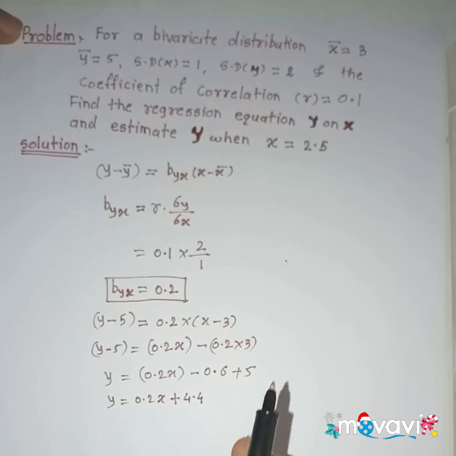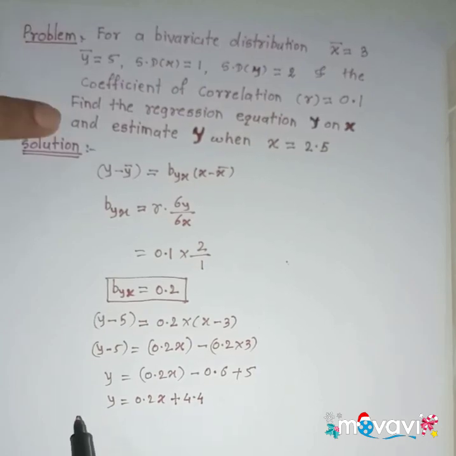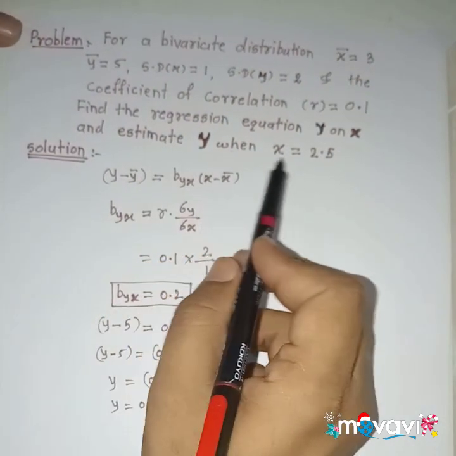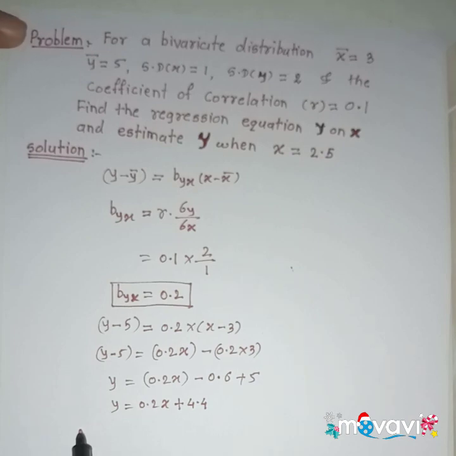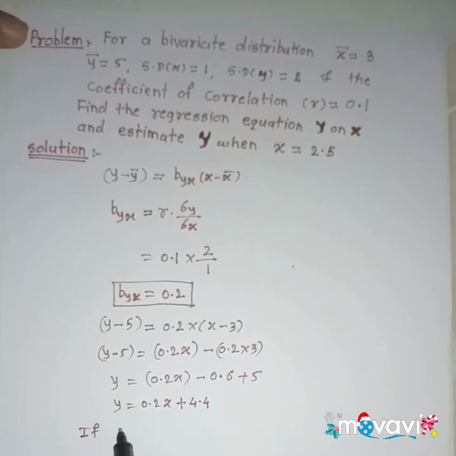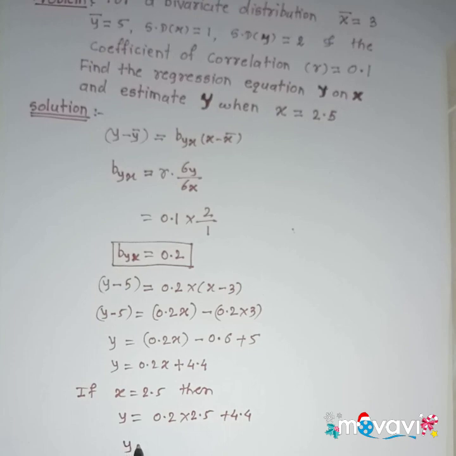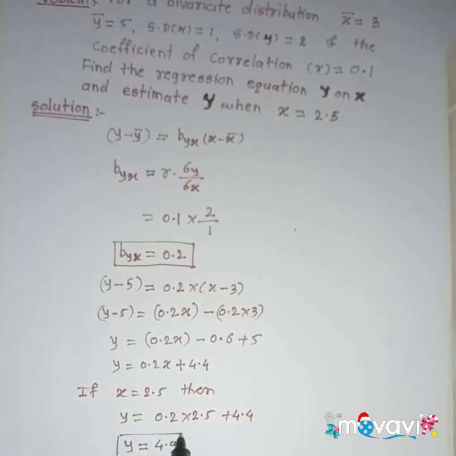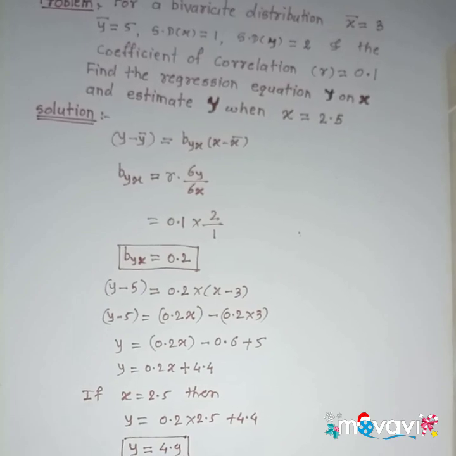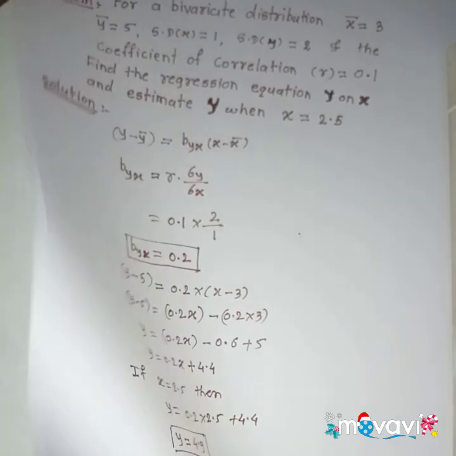So this is the regression equation y on x, and here the second sub question is given: estimate y when x equal to 2.5. If x equal to 2.5, then if we solve this, we get the final answer 4.9. Then we take one more problem.